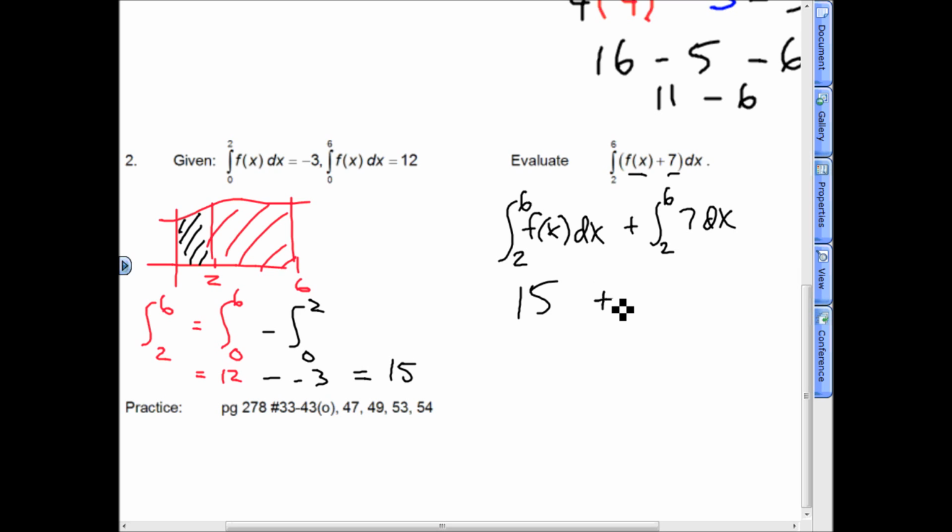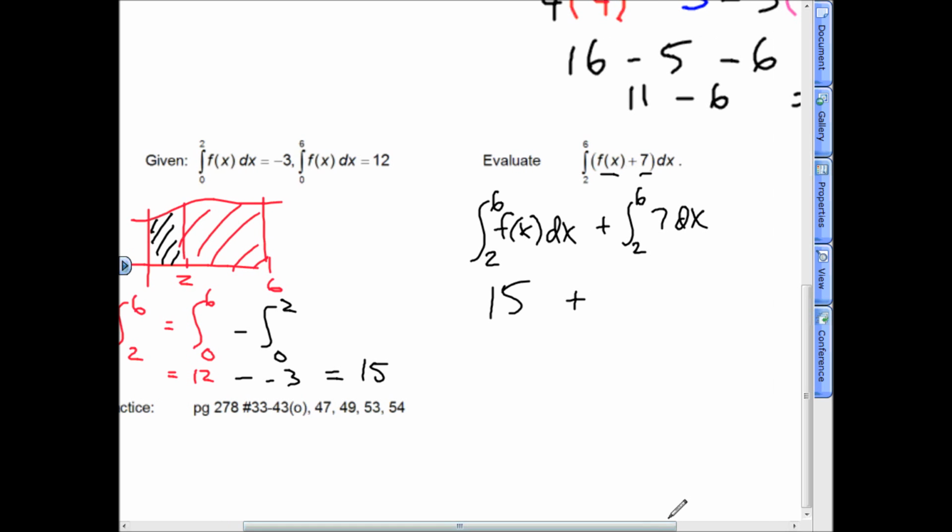Plus, now we have to deal with this integral from 2 to 6 of 7. How would that work? That might work a little differently. What would 7 look like as a graph? Maybe we can use that geometry we talked about. 7 would be up here. That would be a horizontal line. That horizontal line going from 2 to 6 would give me a rectangle that's 4 units wide by 7 units tall.